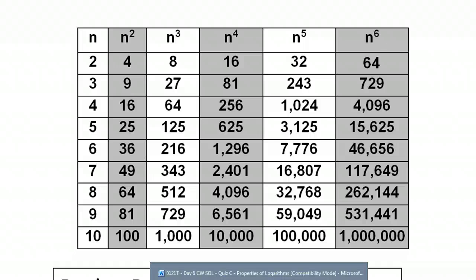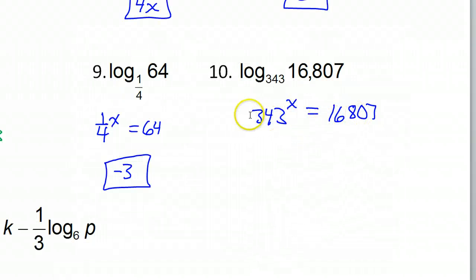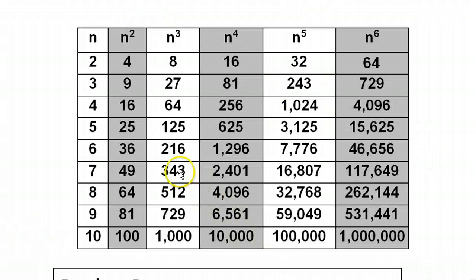So instead, we need to find both of these numbers in the same row so we can rewrite them with the same base. So let's look for 343 and 16,807 in the same row. Okay, they both are in the row 7. Alright, so 7 to the third power and 7 to the 5th power.